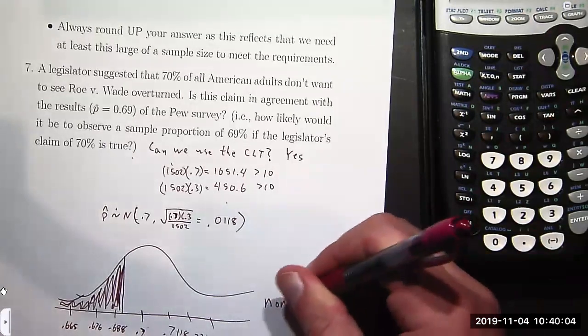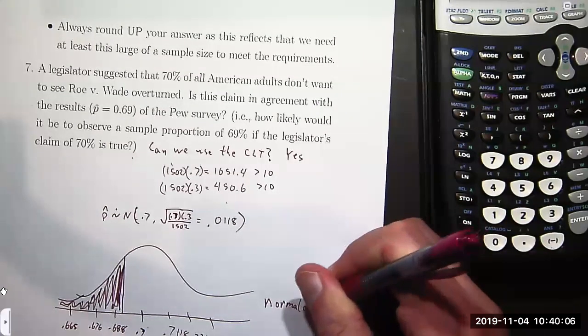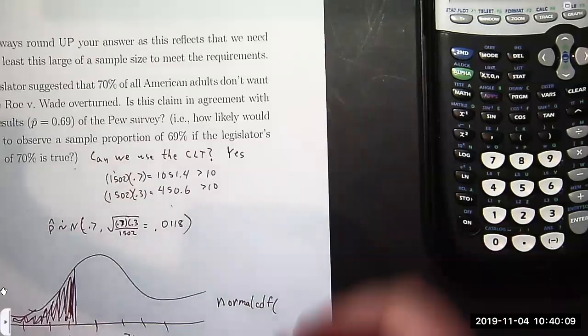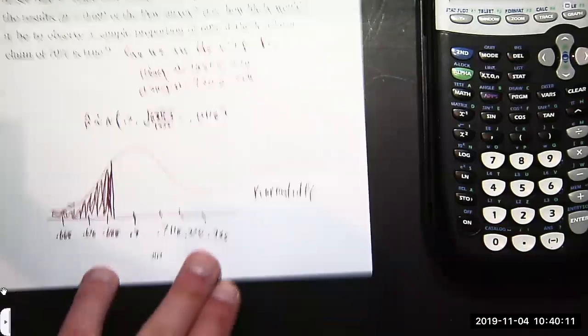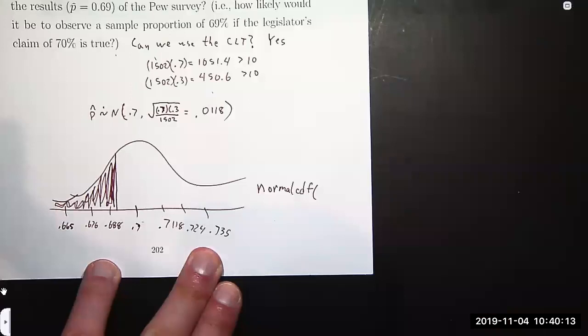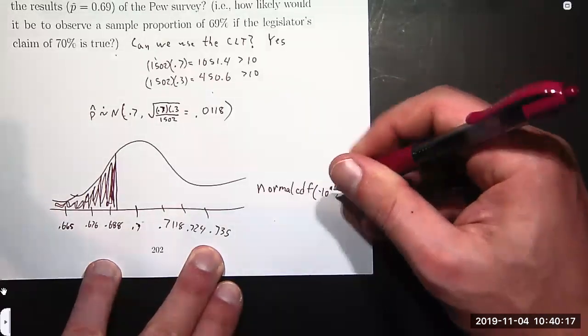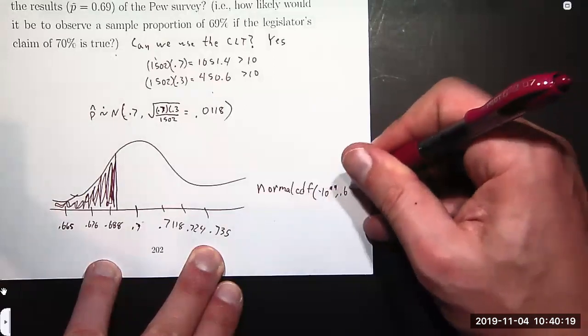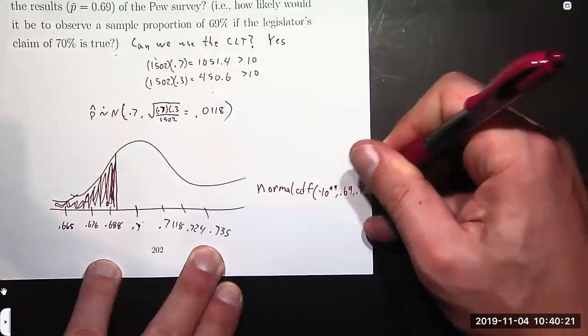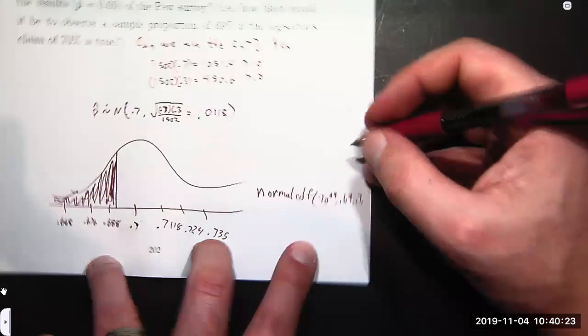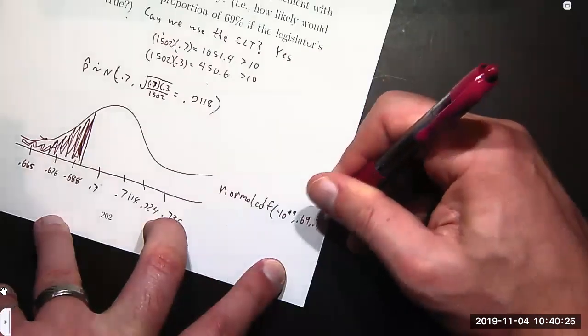Normal CDF, here. I gotta move that. Negative 10 to the 99th to 0.69, 0.7, 0.0118.